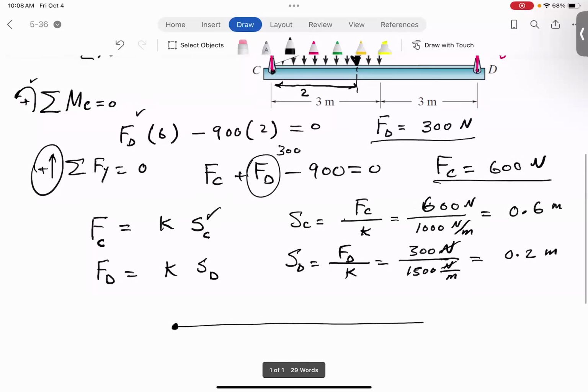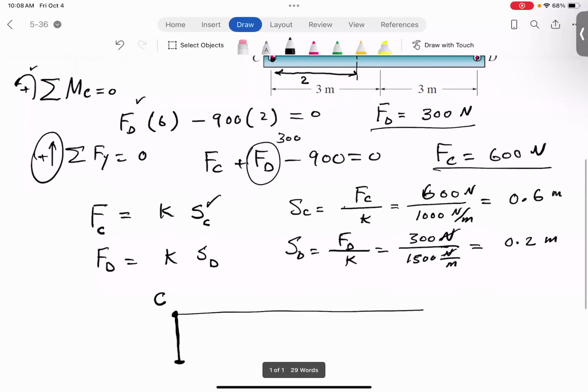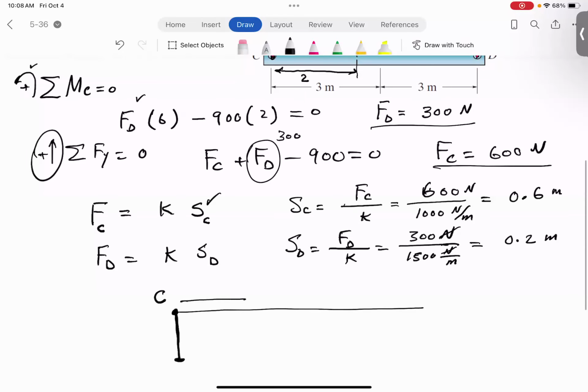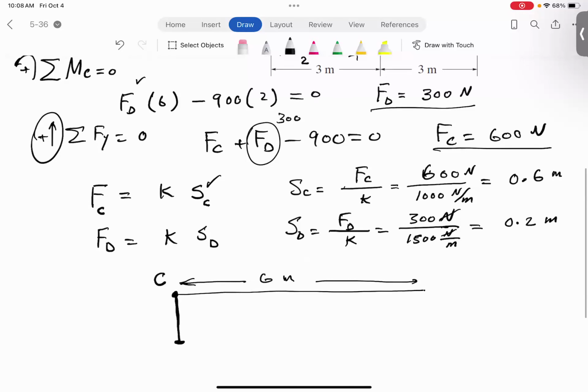So point C is going to move 0.6. I'm kind of exaggerating because remember, the beam is 6 meters long. And point D is going to move only 0.2. So this is going to rotate, and this is how it's going to tilt.